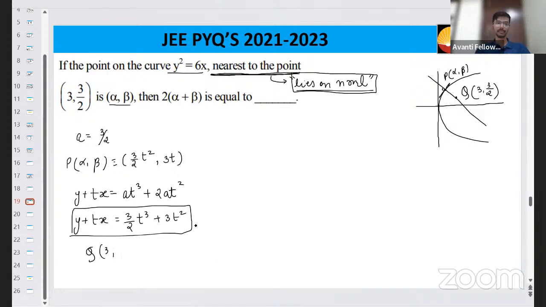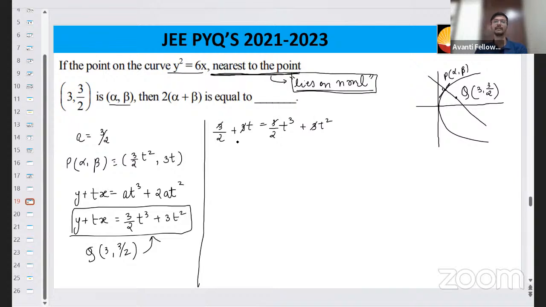This normal passes through Q, so it must satisfy. Let us substitute the point in the normal. What will we get, guys? We'll get 3 by 2 plus 3t is equals to 3 by 2 t cube plus 3t. We can cancel out 3, and we can take LCM.